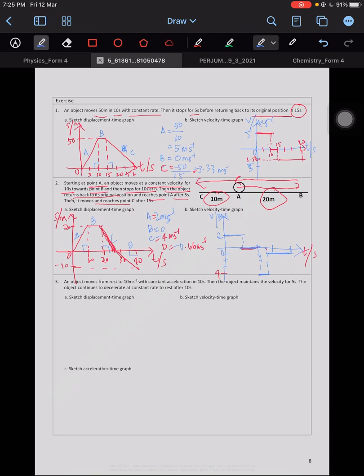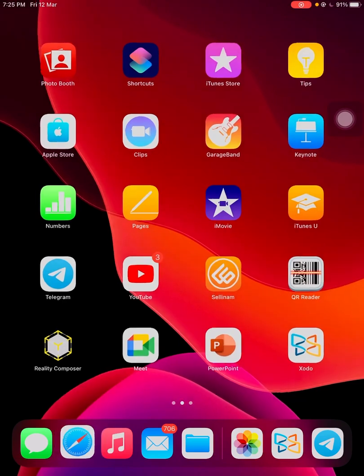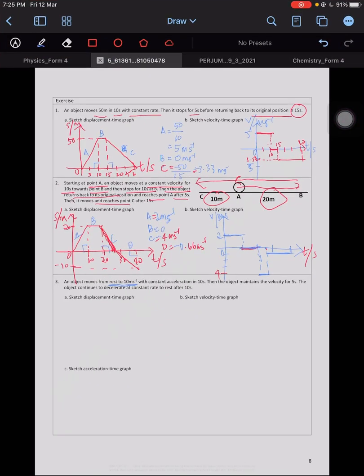Okay, number 3. Question number 3. An object moves from rest with a constant acceleration in 10 seconds.